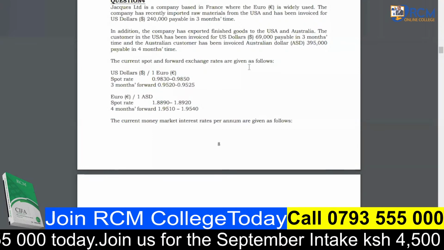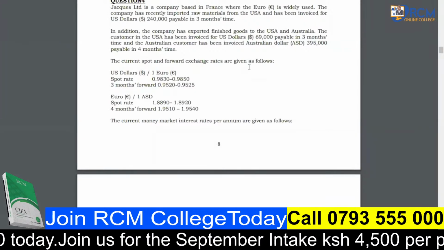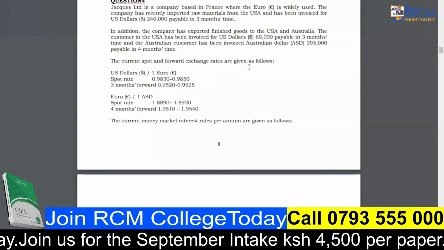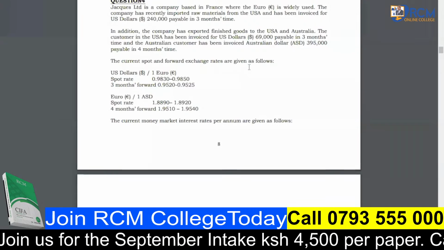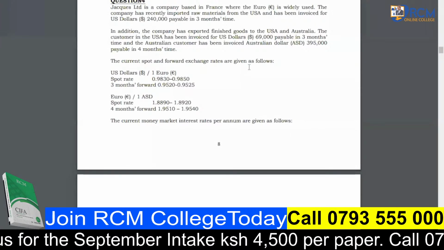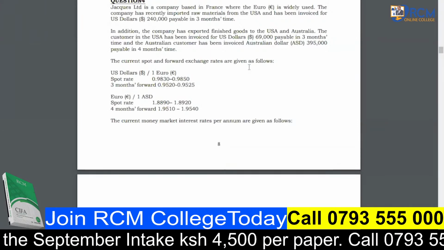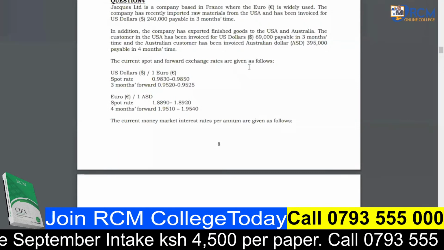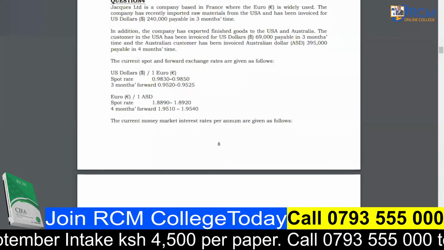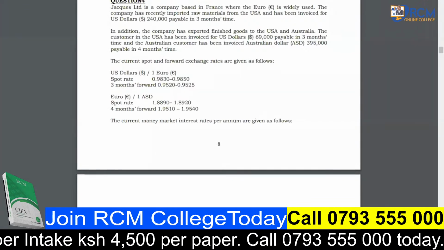Is there anybody who wants mwalimu to do the question, or are we okay? They're coming with different answers. Susan says mwalimu do. James has given us the correct answer.